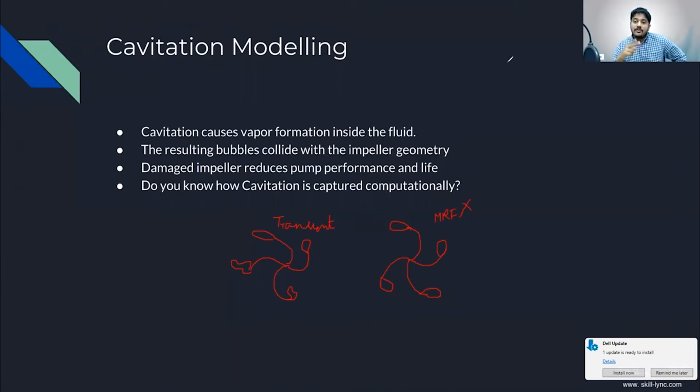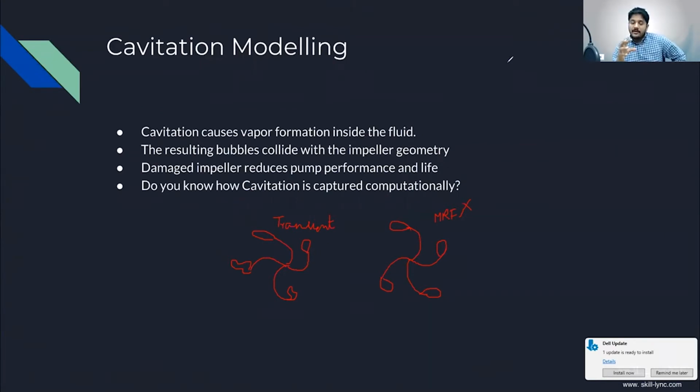The second approach is using a cavitation model. What the cavitation model does is, when the pressure drops below the vapor pressure, it takes a particular amount of fluid and converts it into vapor using an empirical model, meaning a mathematical model that was developed from experiments, and it converts the liquid into vapor according to that equation.